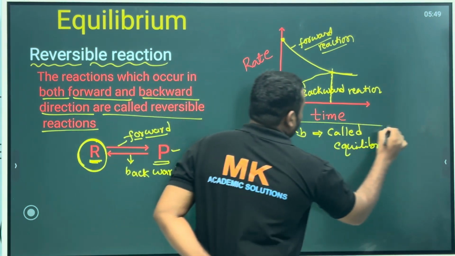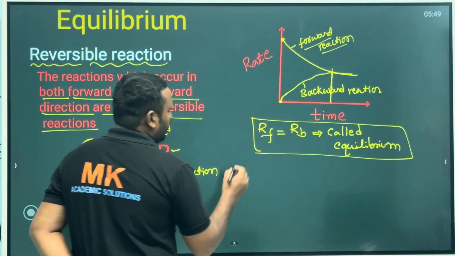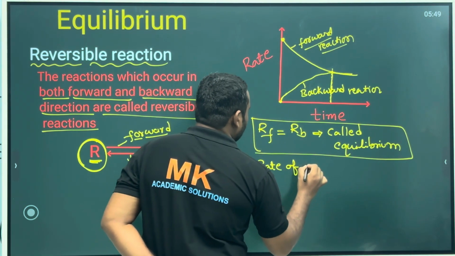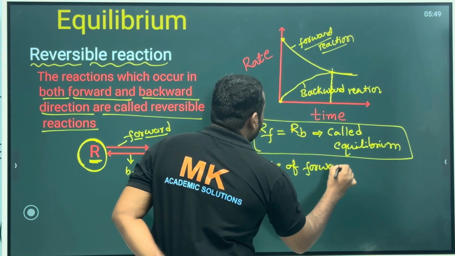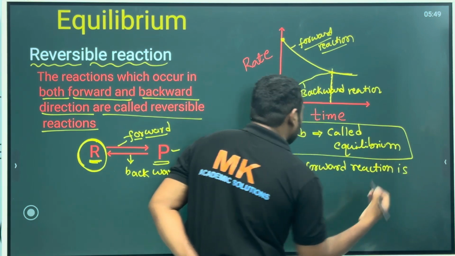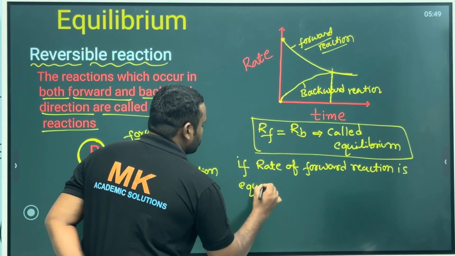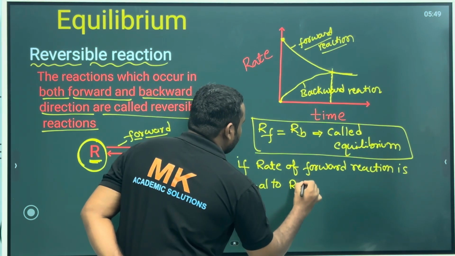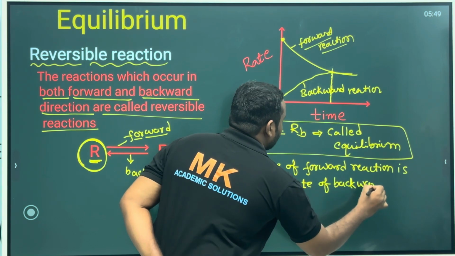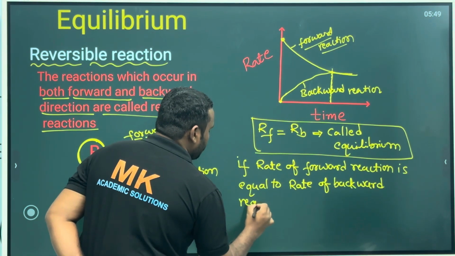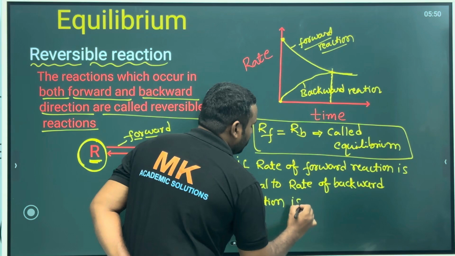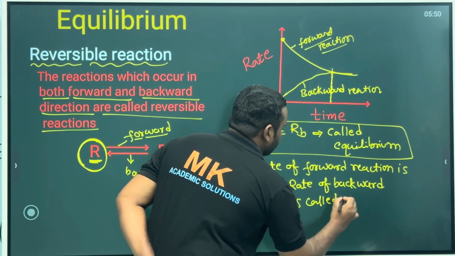So simply, the definition of equilibrium: if the rate of forward reaction is equal to the rate of backward reaction, that is called equilibrium.